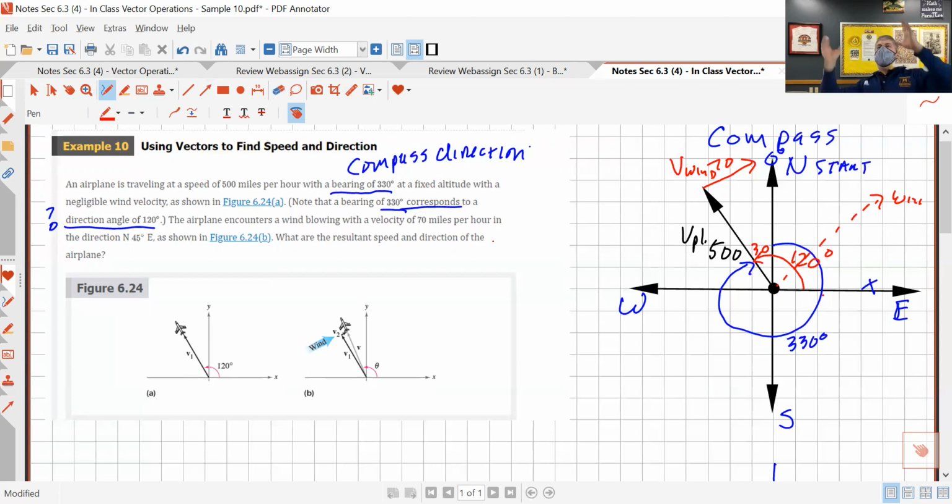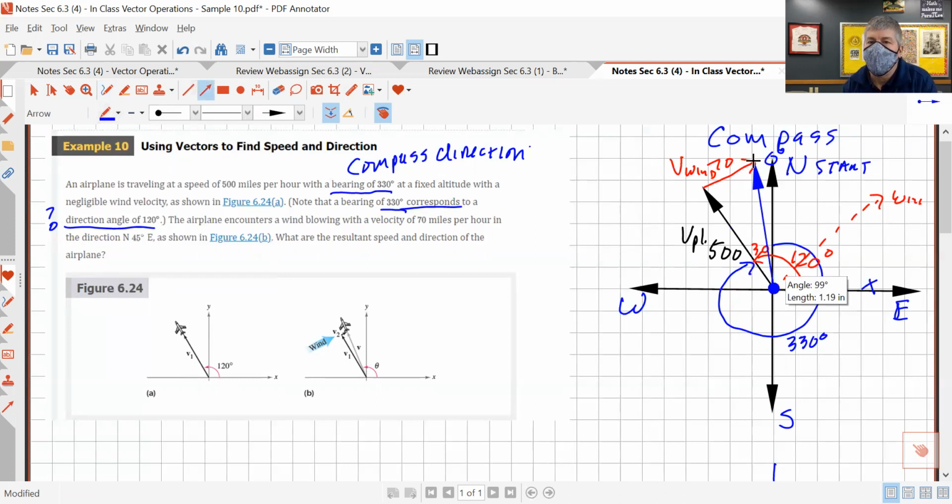Okay, so I've got this direction I'm flying, but the wind is pushing me, isn't it? So that means we're going to have essentially a third vector. Let's do that in blue. It's going to look like that.